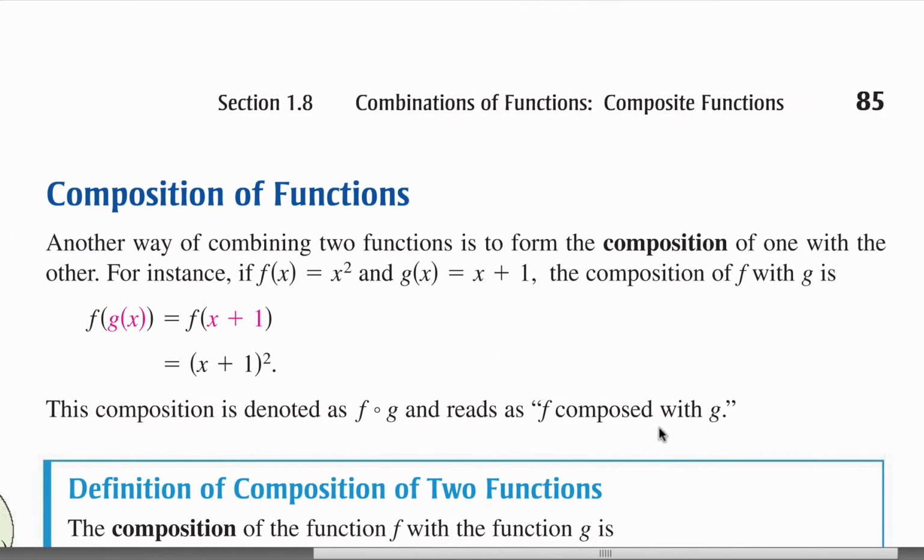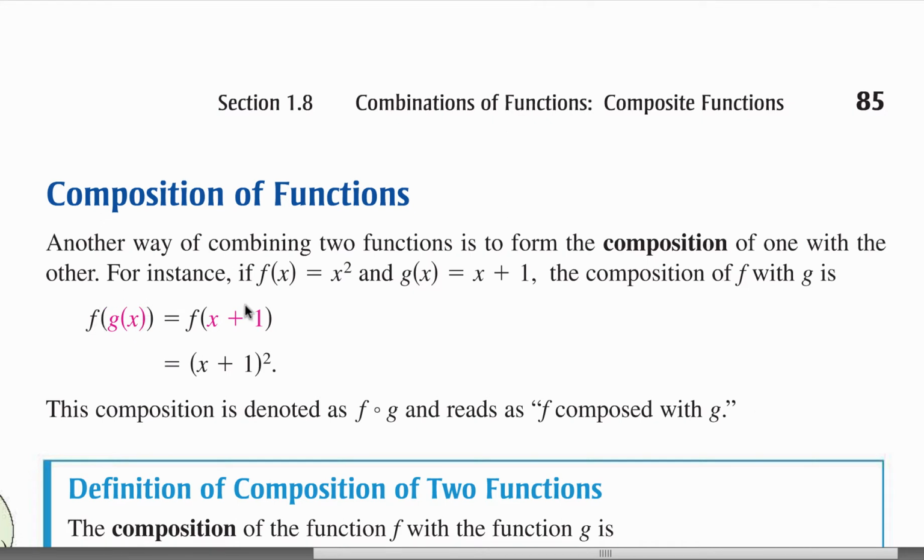Okay, composition of functions. Another way of combining two functions is to form what we call a composition of one with the other. For instance, if f of x is equal to x squared and g of x is equal to x plus 1, the composition of f with g looks like this, placing function g into function f.